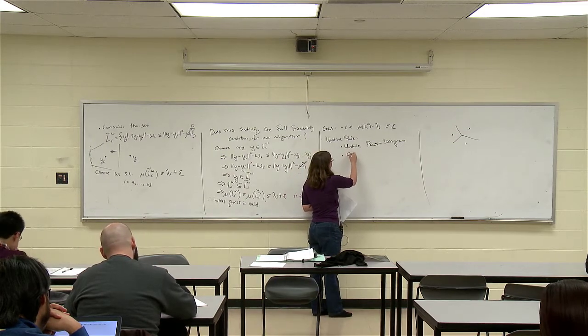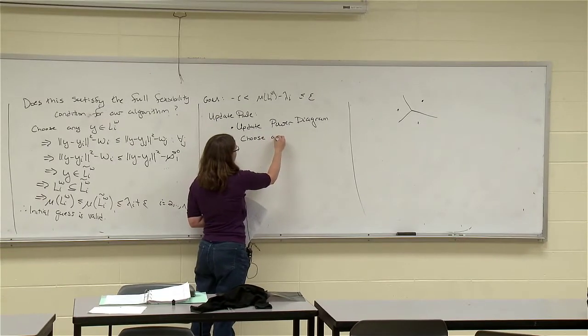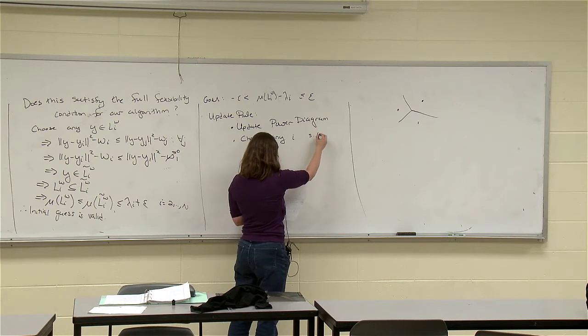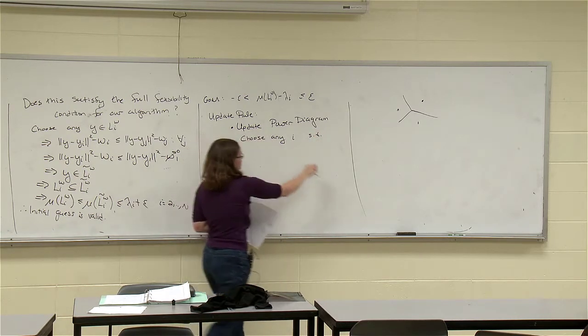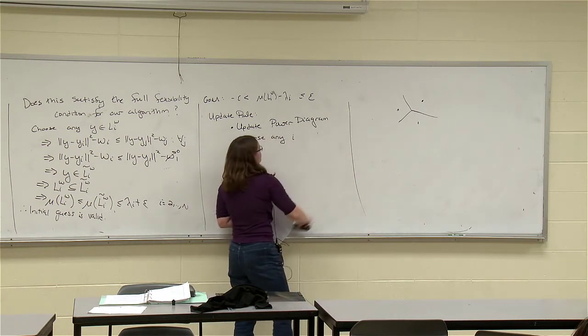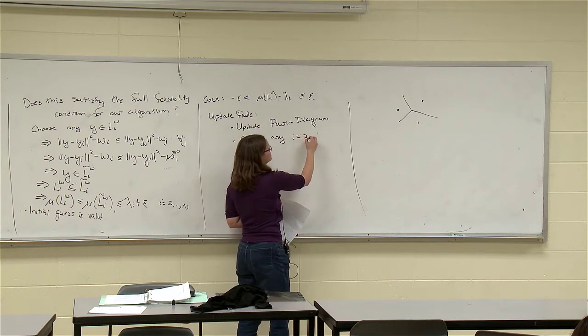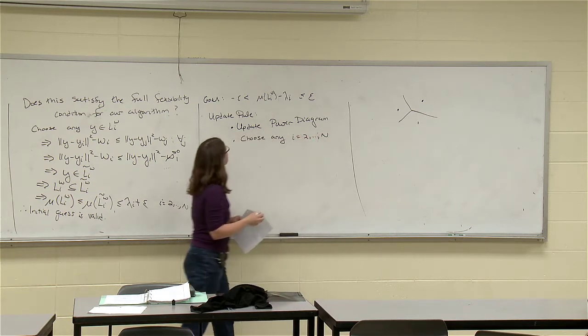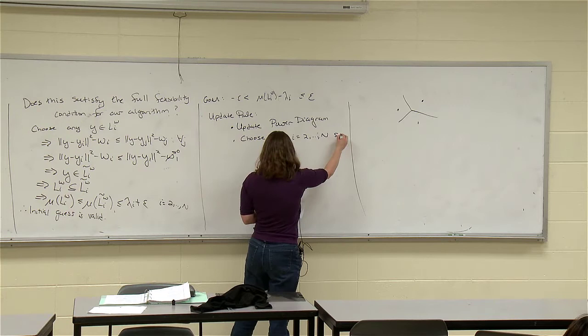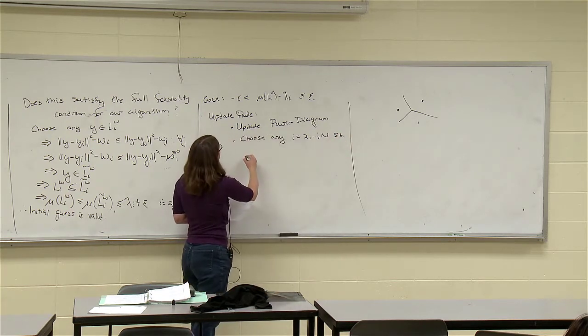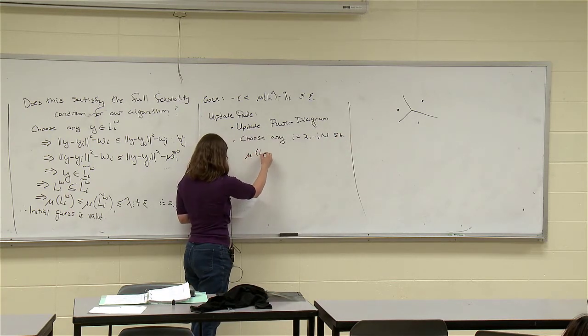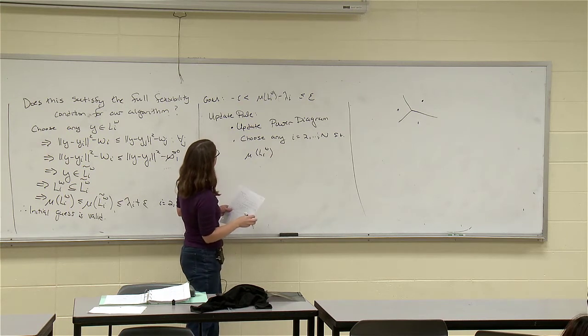So let's choose any value of i such that, okay, not quite any value of i. We're not messing around with i equals 1. Such that mu of L_i(w) is violating this condition.